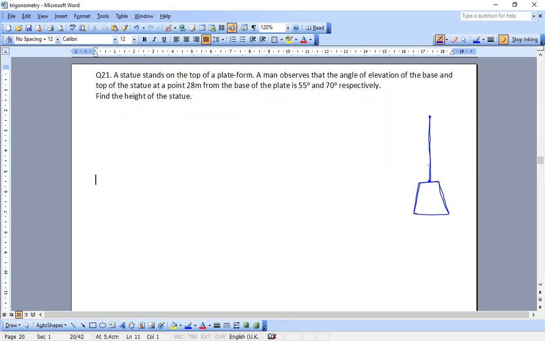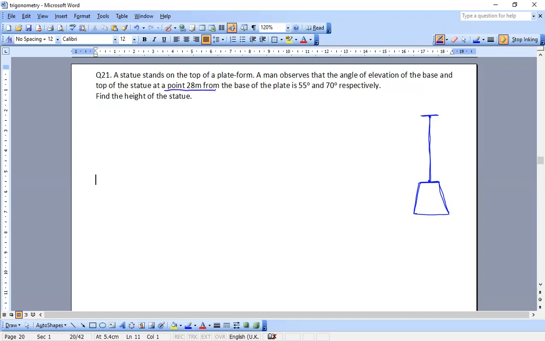Now, what is happening? A man observes that the angle of elevation of the base and the top of the statue. This is, let's suppose, the base, and this over here is the top of the statue. A man observes that the angle of elevation of the base and the top of the statue at a point 28 meters from the base of the plate.